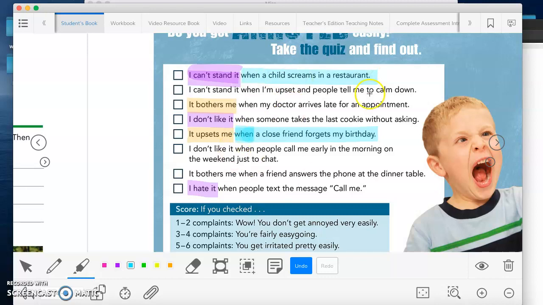Where else can you see clauses with when in there? When my doctor. So they all have clauses with when, if you pay attention to it. All the time in here we are having clauses with when, because it starts with a when.